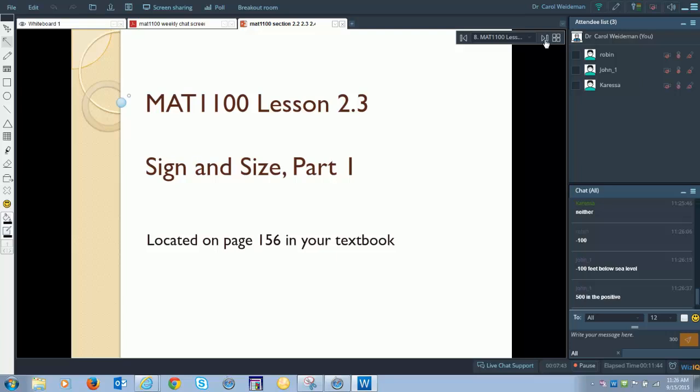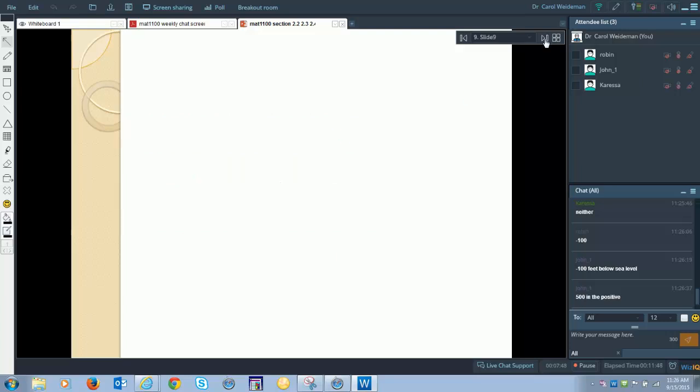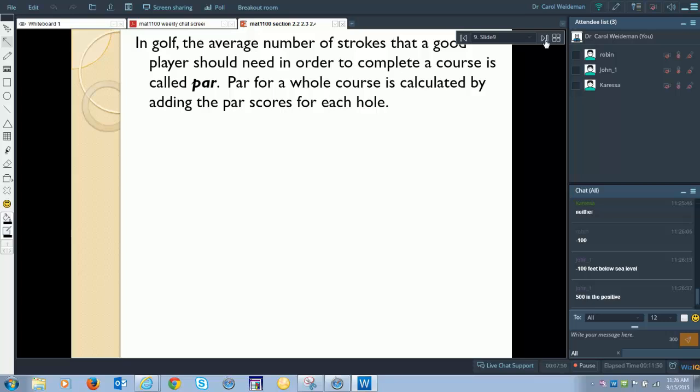All right, so that's all they did in that section, but we continue with signed numbers, operations in the next two sections. So these three all go together pretty nicely. And they use a nice example in this section talking about playing golf. I don't know if any of you play golf, but when you play golf, a good player is going to try to complete the course aiming for what's called par. And par is the score for each hole, and that's what a good player should get.